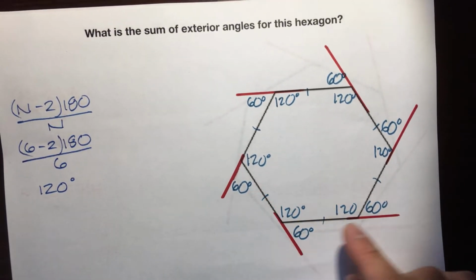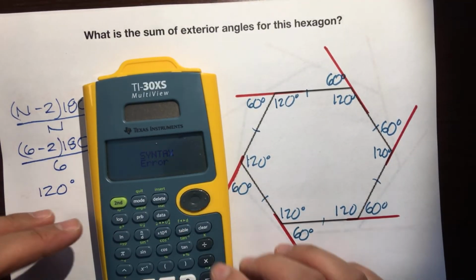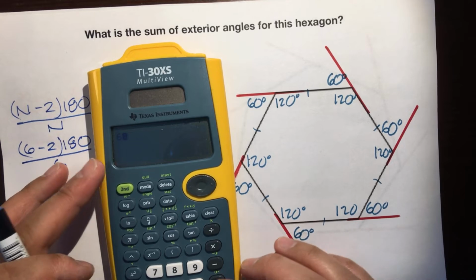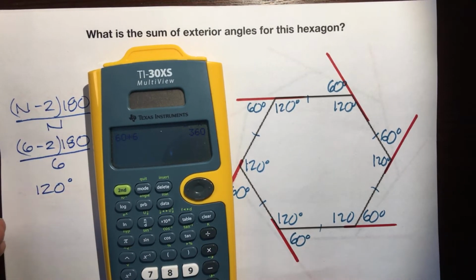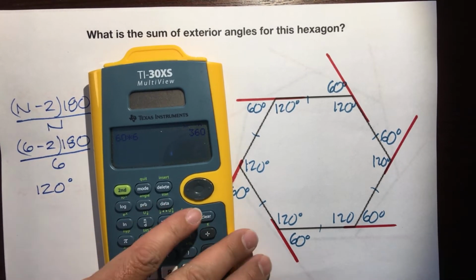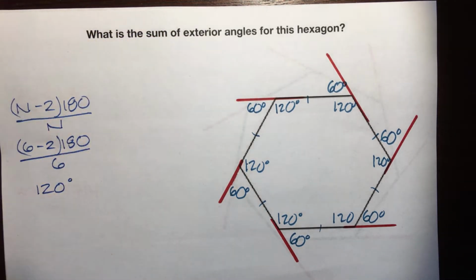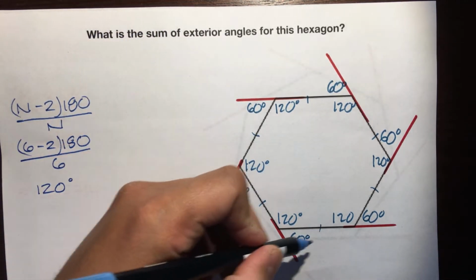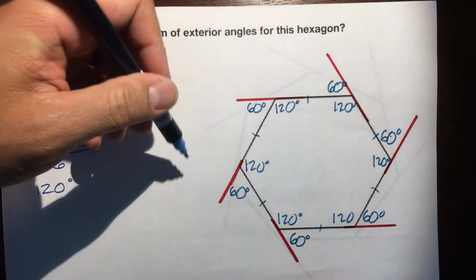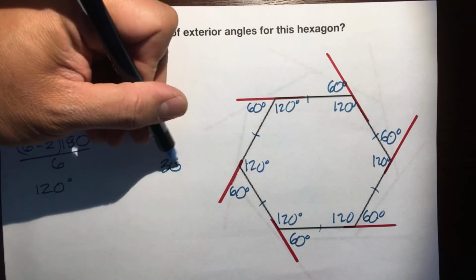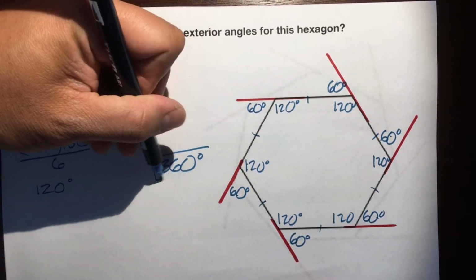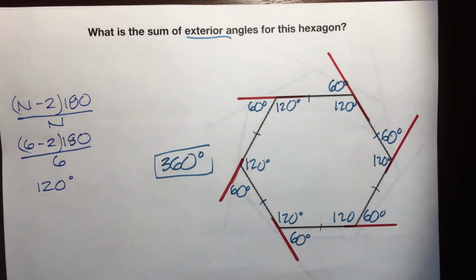And if we add up all 6 of these 60-degree angles, or multiply by 6, we get 360 degrees. This plus this plus this plus this plus this plus this: all 6 of these exterior angles add up to 360.